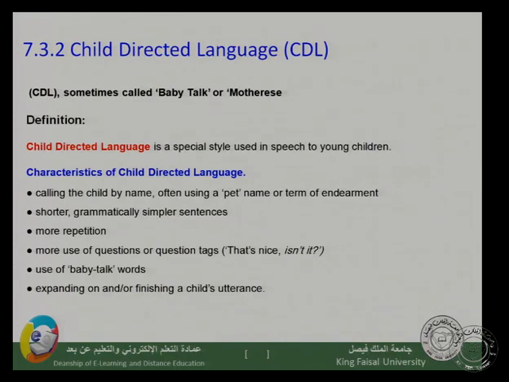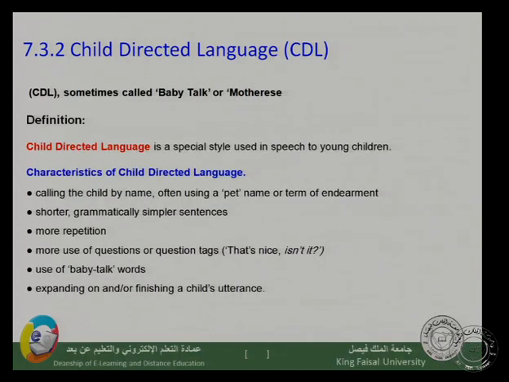We move to child-directed language, and the abbreviation CDL stands for C for child, D for directed, and L for language. So when I say CDL, I mean child-directed language.